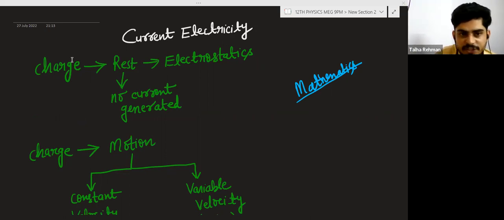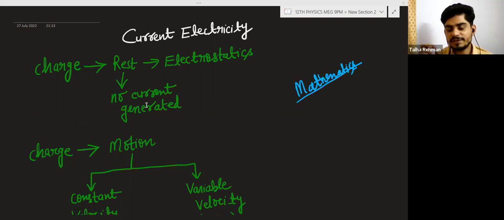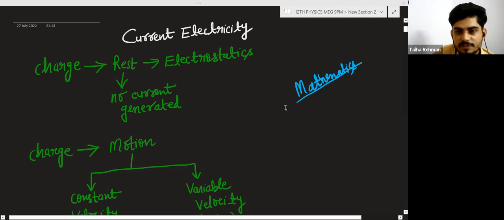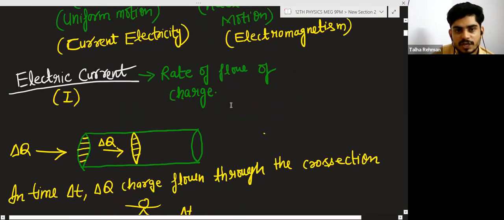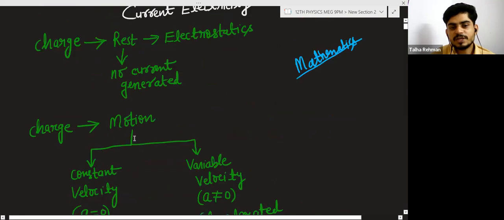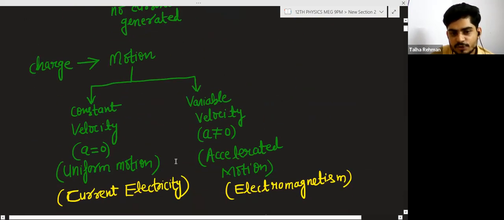When the charge was at rest, we studied electrostatics, and when the charge is at rest, no current is generated. Current is only generated when charge is in motion. Motion can be accelerated motion or uniform motion. Suppose the charge is moving with constant velocity.